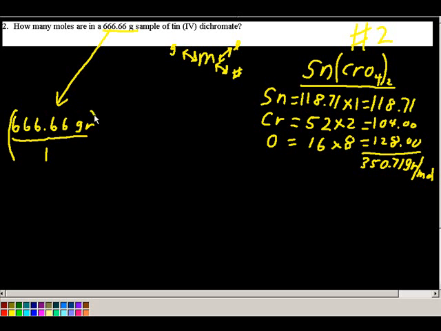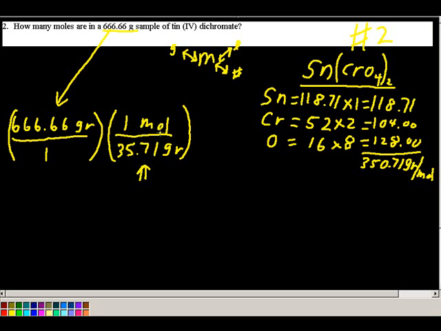Put parentheses, put another parentheses, put grams down here, and this now becomes the unit ratio that we need. And so once again, 350.71 grams per mole. So notice what we're going to do is we're going to put 350.71 grams is 1 mole.